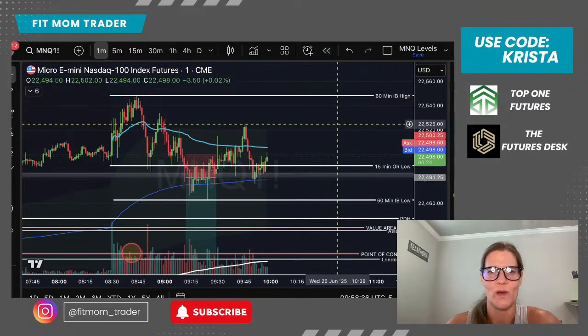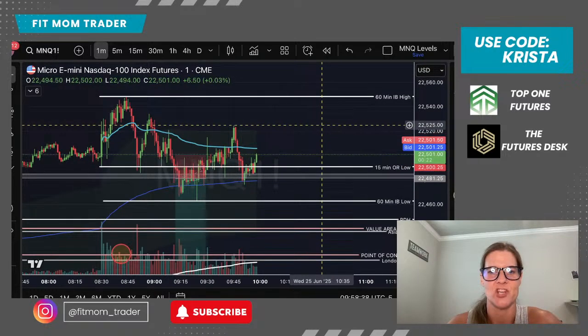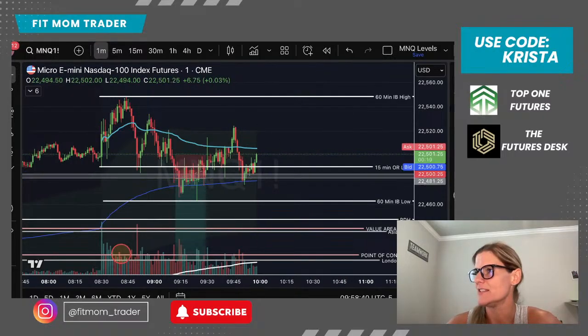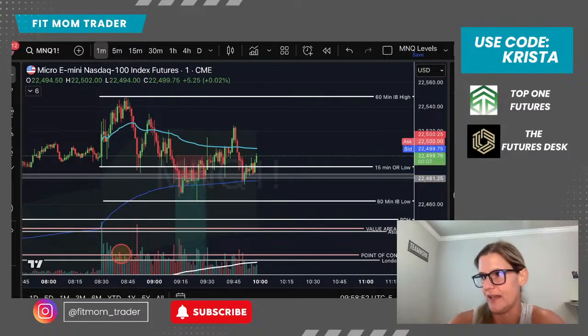So, still waiting on a setup. Chopping in here. Is Powell still talking? It looks like it. Financial Juice is still showing recent updates about what Powell's saying.